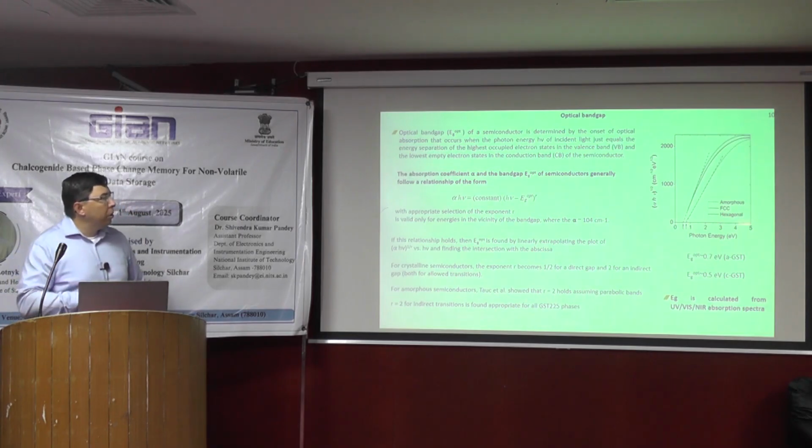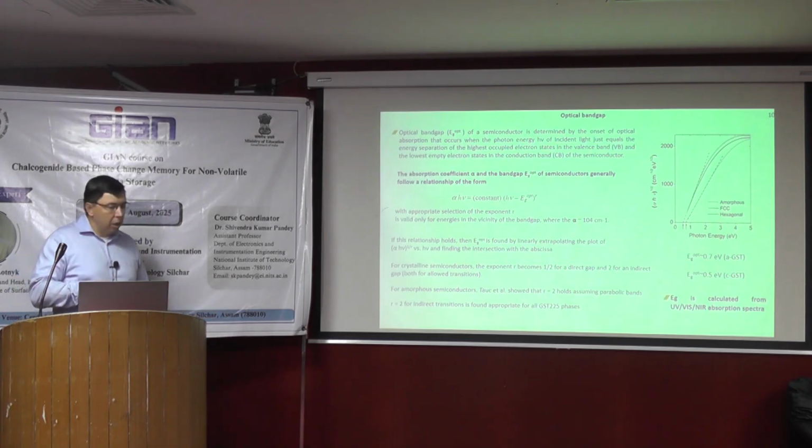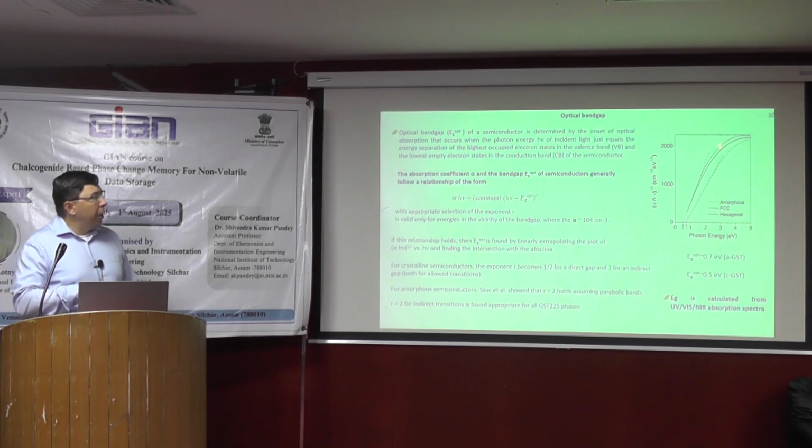So here you can fit your data from transmission from UV-vis spectroscopy, and by drawing the line and finding the intersection with the abscissa, you can find the band gap.